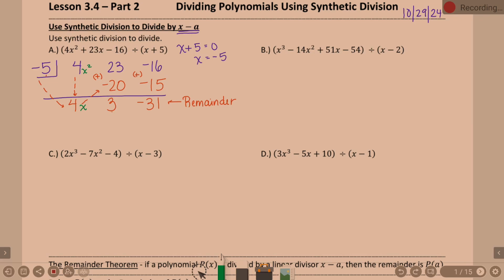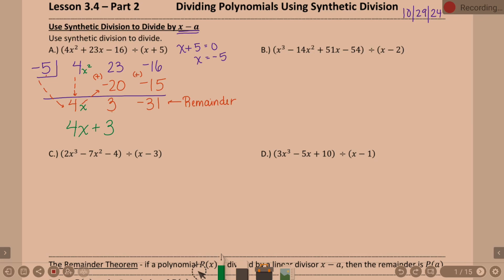In other words, right here, your first piece of your answer is always going to be 1 power less than what you started with. Because I took a 4x squared and I divided by an x to the first. So it's always going to be 1 power less, and that's 4x. So 4 is 4x. What comes after x? 3 is your constant, plus 3. And then remainder.